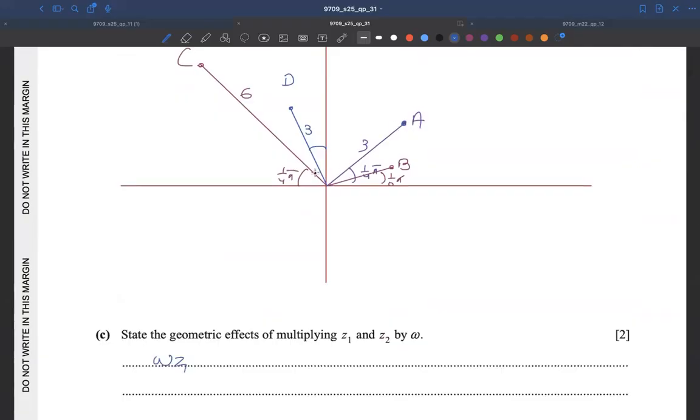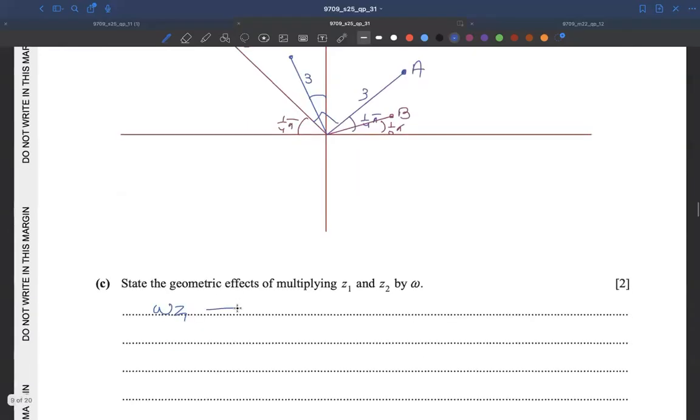So this angle over here is basically a right angle. So we can say one of the effects is that the point has rotated 90 degrees, and it has rotated anti-clockwise as the angle is positive.